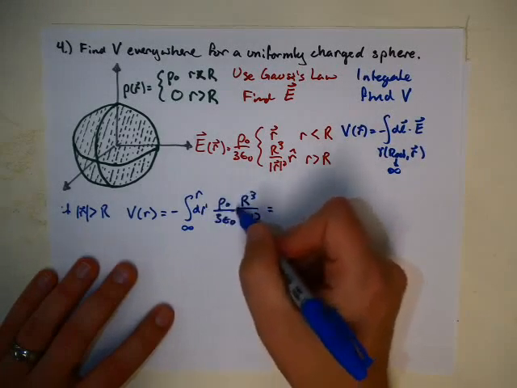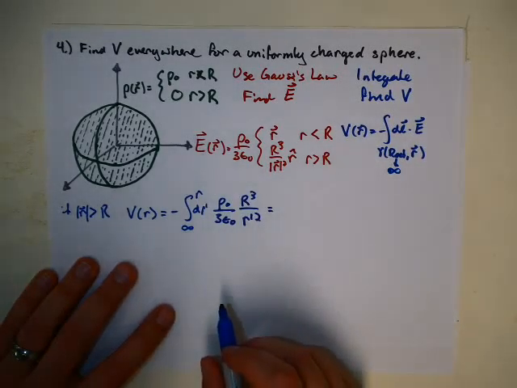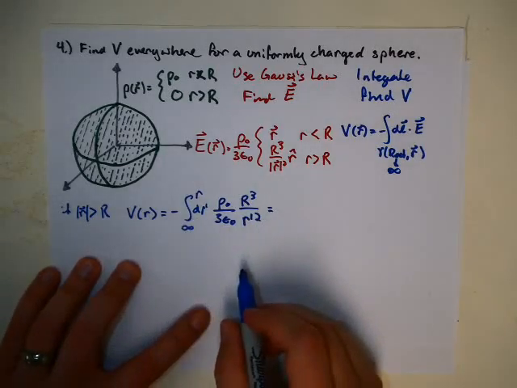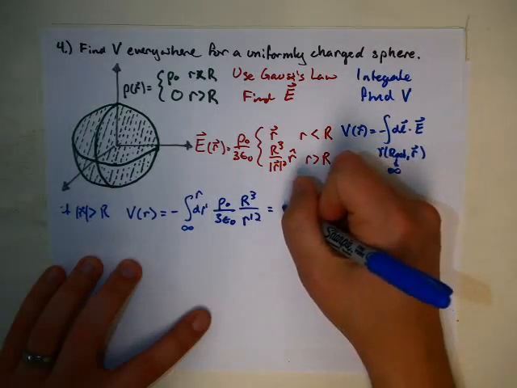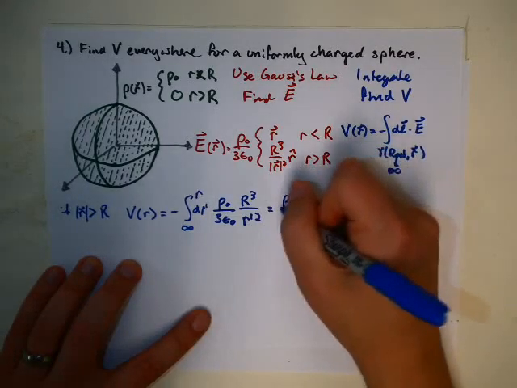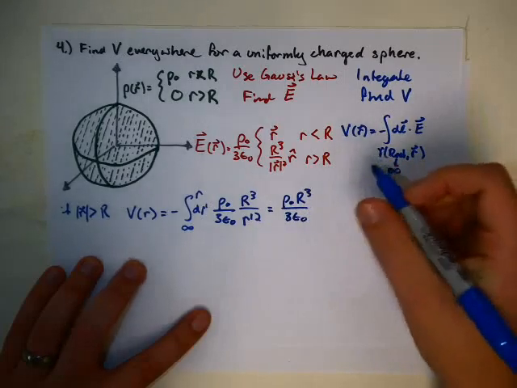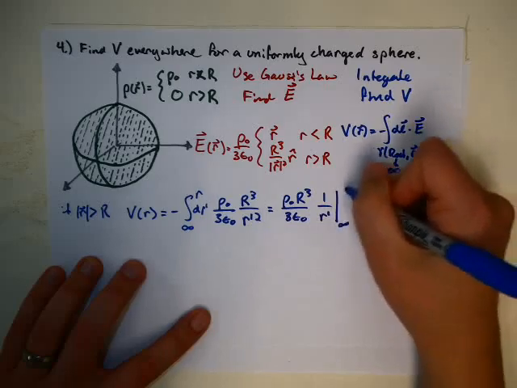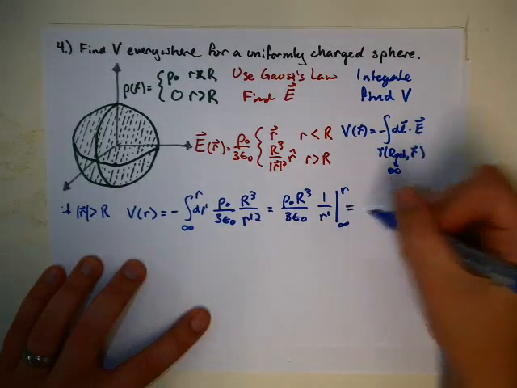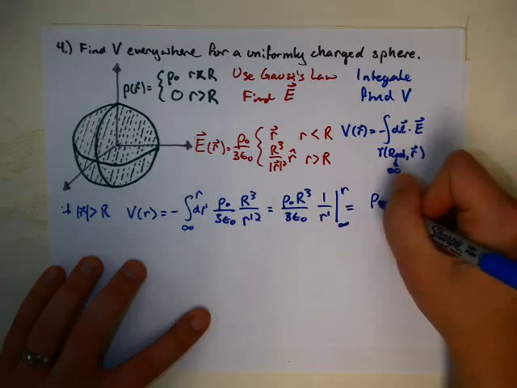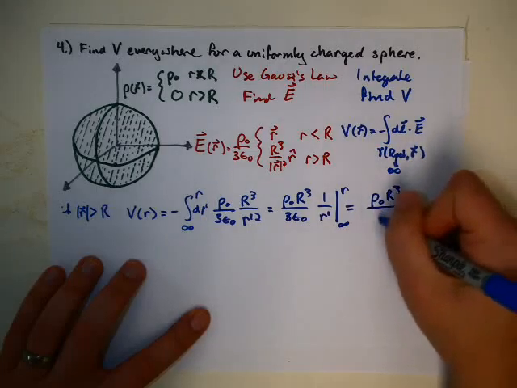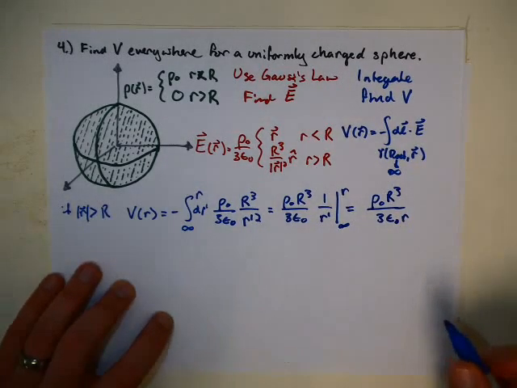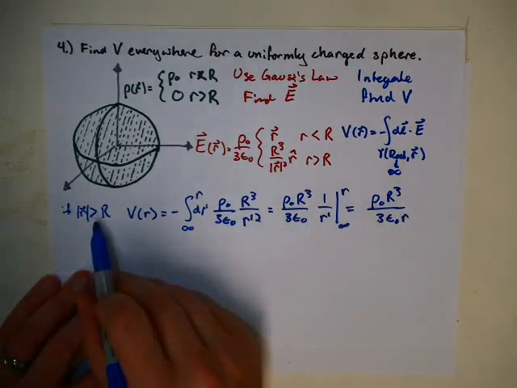I can bring that part of it outside the integral, and the integral of minus 1 over r squared is positive 1 over r. So this will be rho naught R cubed over 3 epsilon naught, and then a positive 1 over r prime evaluated at r and infinity. The infinity is going to give 0, so this will give me a positive rho naught R cubed over 3 epsilon naught little r. And so this is for r greater than R.